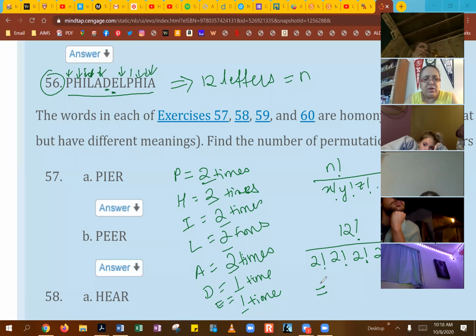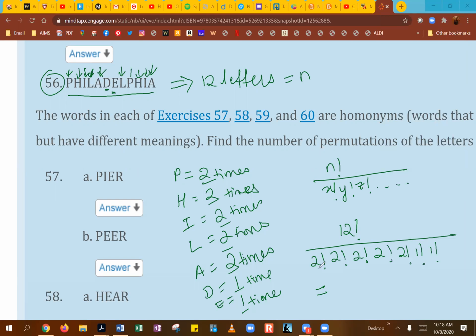What I can think of is that if you did not have enough of those 2 factorials in the denominator, that could be why you're getting a larger number. So make sure you have 5 of these 2 factorials in there, because if any one of them is missing, your answer will be incorrect.